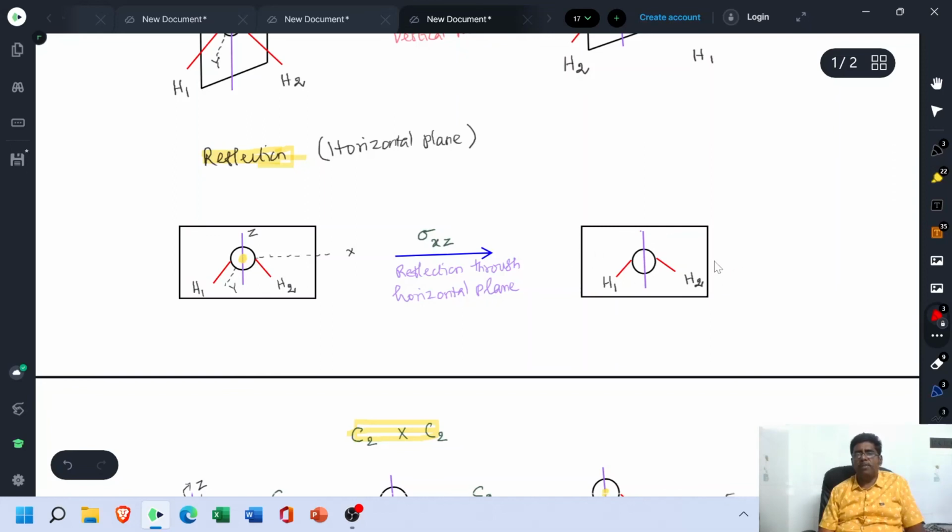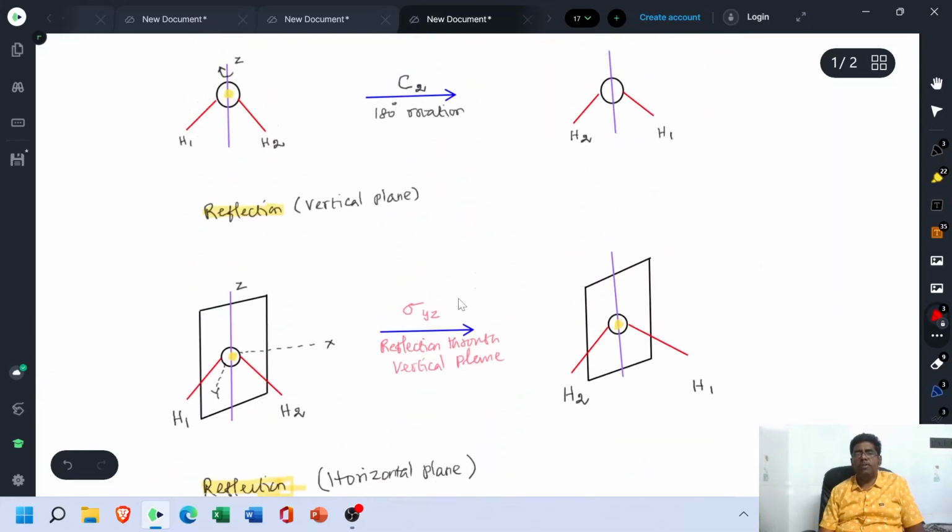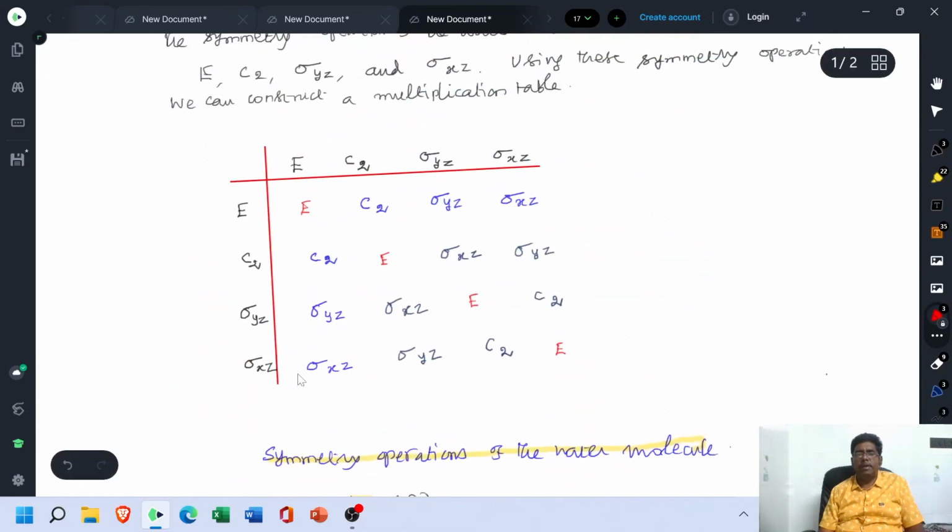Once again, if you allow the sigma xz operation, we get the same structure, H1, H2 and the front face. That is our identity element. Therefore, we can write sigma xz into sigma xz is our identity element.